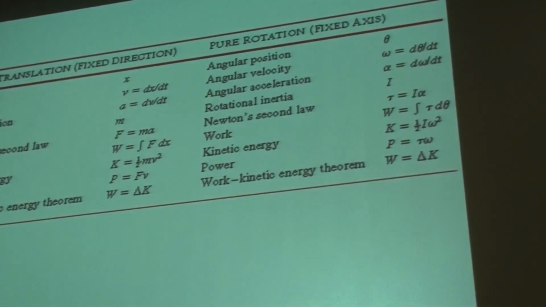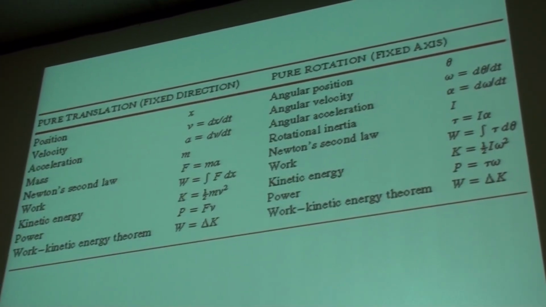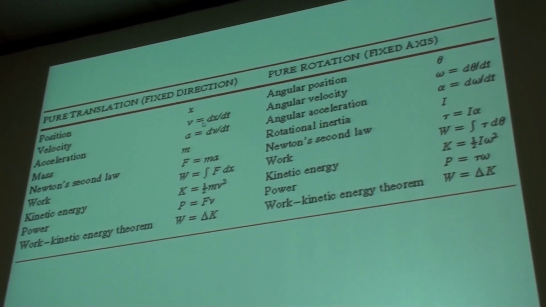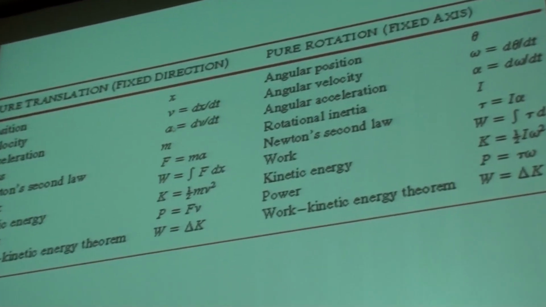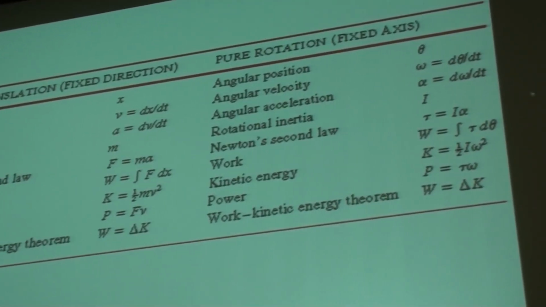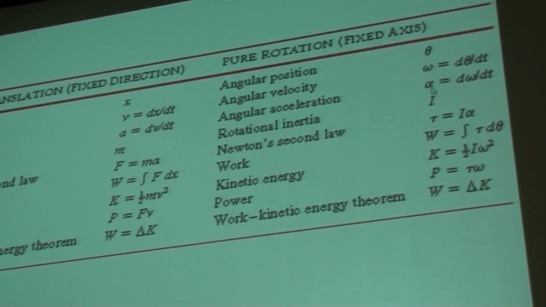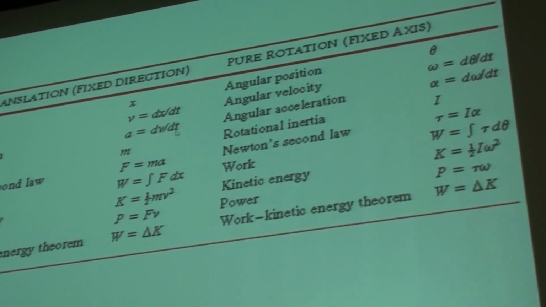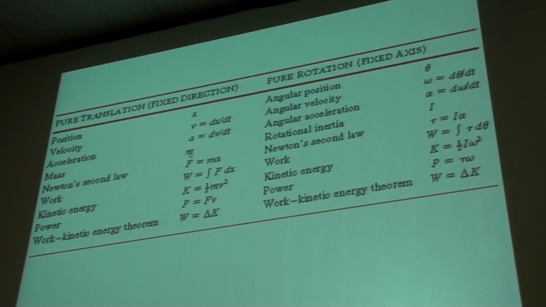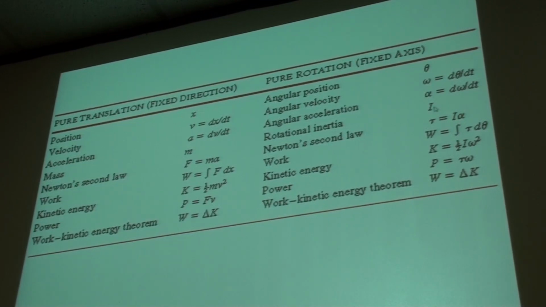All right? And so if we go back up to the data projector, we can see that there are some analogs to our linear and angular motion. We make the substitution that x goes to theta, v goes to omega, and a goes to alpha. Then we go from our linear kinematics equations to our rotational kinematics equations. If we let the mass go to moment of inertia, and we let force go to torque, then F equals ma.